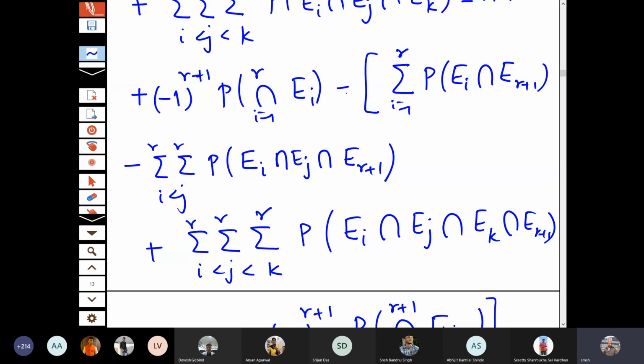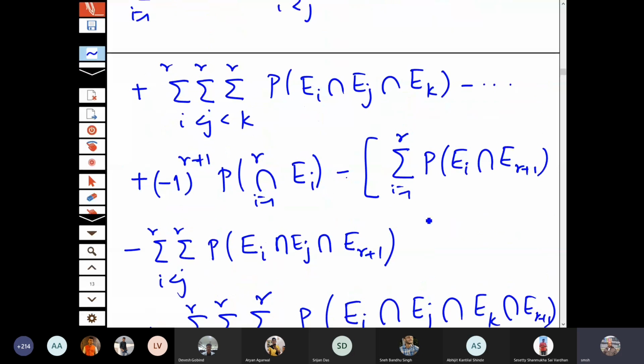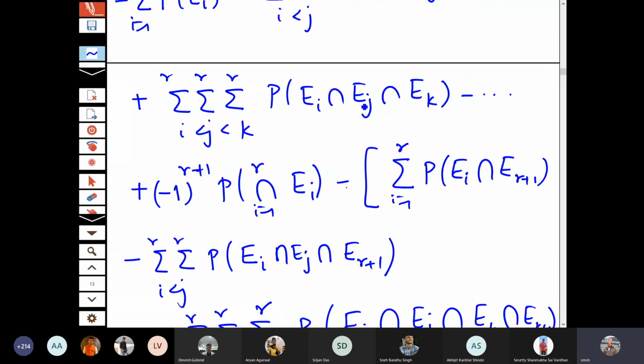So it is plus, and if you look at the term here, this is intersection of 3 at a time, but it goes only up to R. So you are adding additional terms which are including the intersection with ER plus 1.